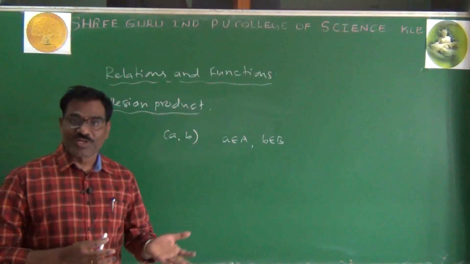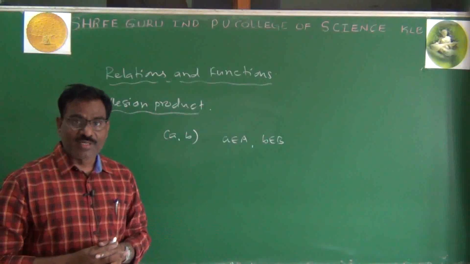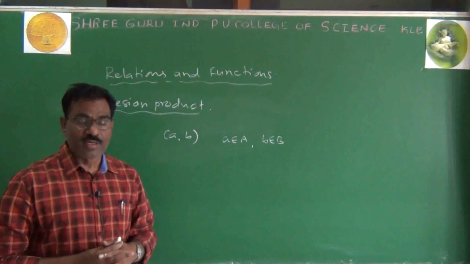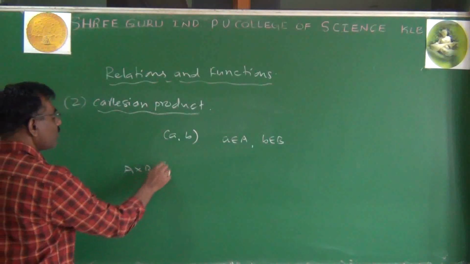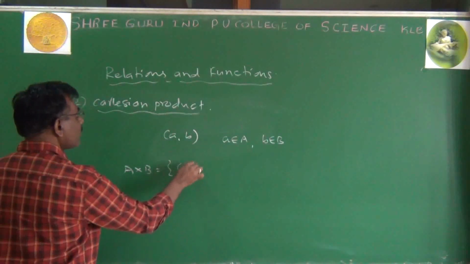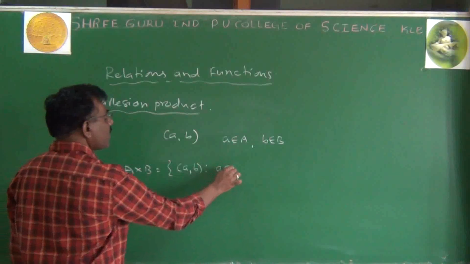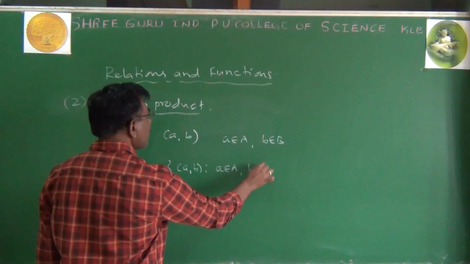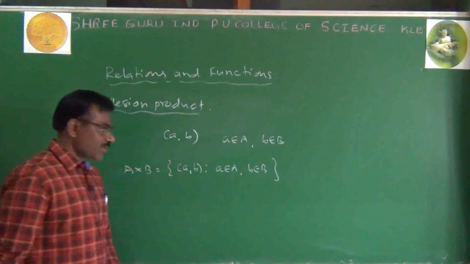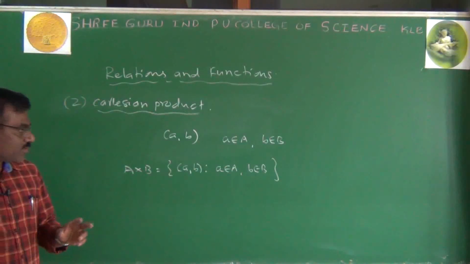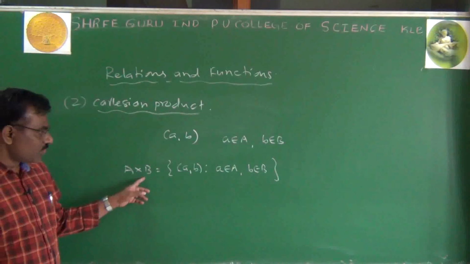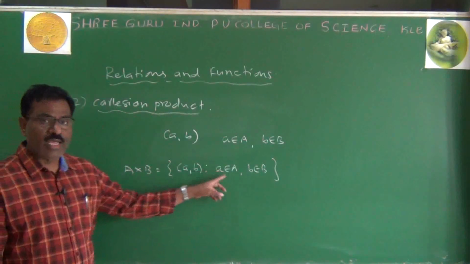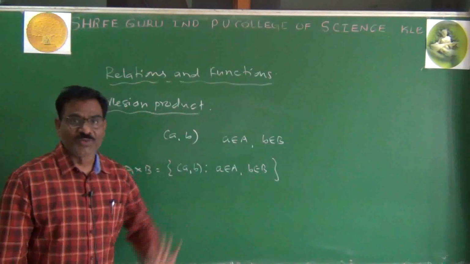The Cartesian product of set A and set B is defined as A cross B equal to {(a, b) such that a belongs to A, b belongs to B}.